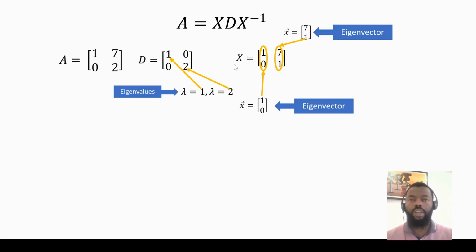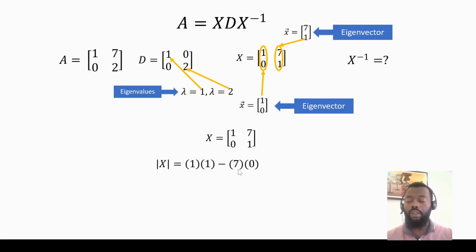Also, we have our X matrix. The X matrix comes from the eigenvectors that we found. We have each eigenvector as a column of the X matrix, and now we need to find the inverse of the X matrix. First, we will calculate the determinant of the X matrix. So we have 1 times 1 minus 7 times 0, which equals 1.